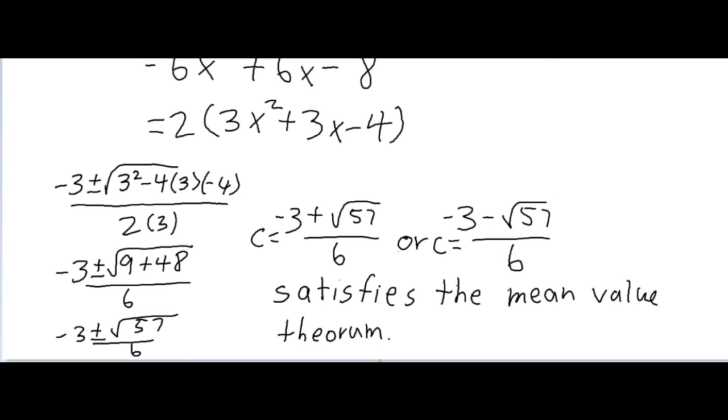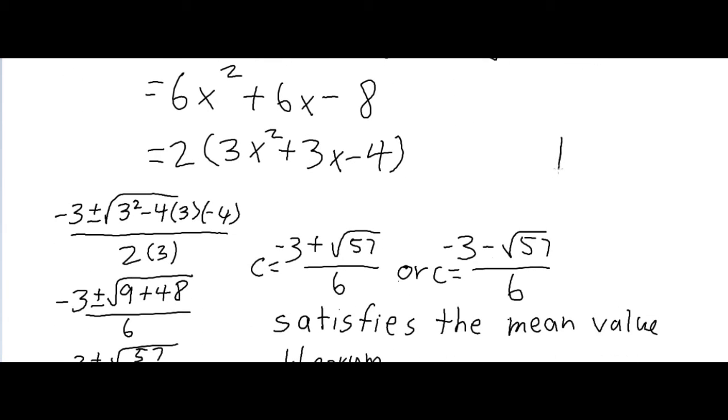By the way, this c is just how we define the mean value theorem, a point. There exists a number c between a and b, so that's why I say c equals. That satisfies the mean value theorem. If we drew this on a graph, it would look something like, well, point. This is going to be a very rough sketch, but it's something like that, where our slope right here is going to be like that and like that.